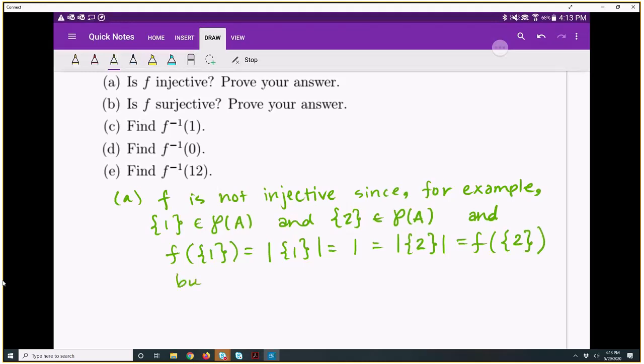But these two sets are not equal. {1} is not the same set as {2}, so f is not injective.